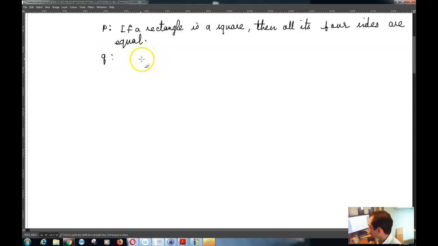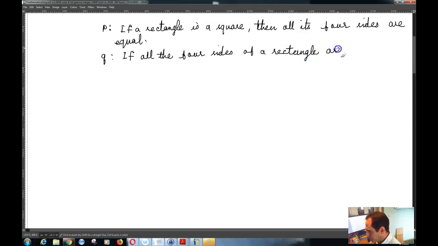And Q: if all the 4 sides of a rectangle are equal, then the rectangle is a square.